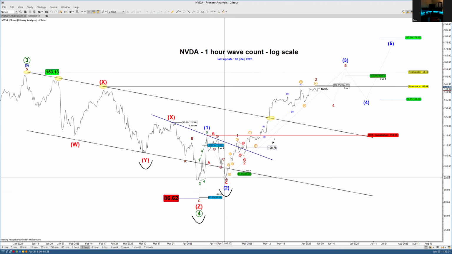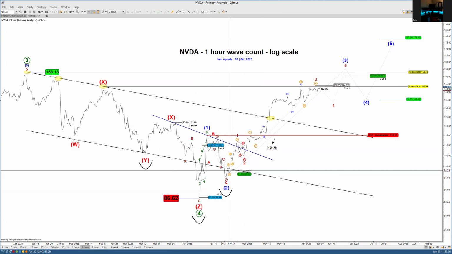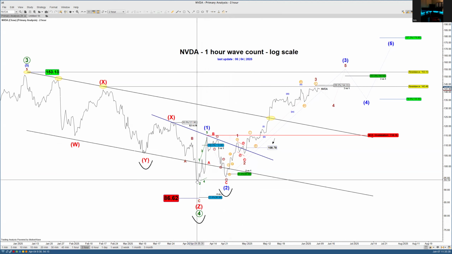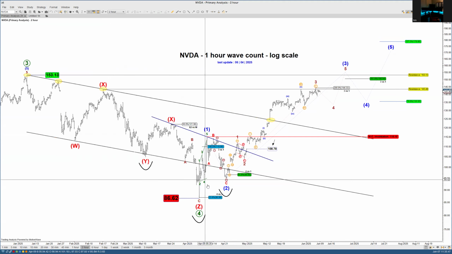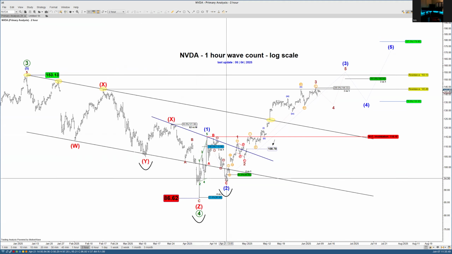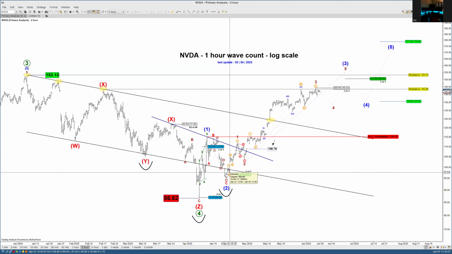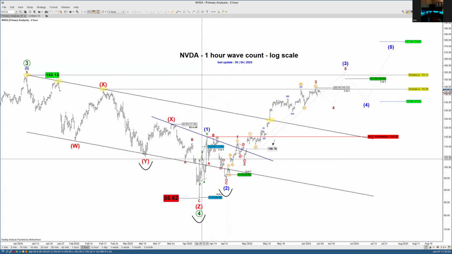As a matter of fact, I might put this down and start the wave count from here, not from here. It's not even the right way to do it. The low is actually here, not here. It doesn't make any sense based on a line chart.